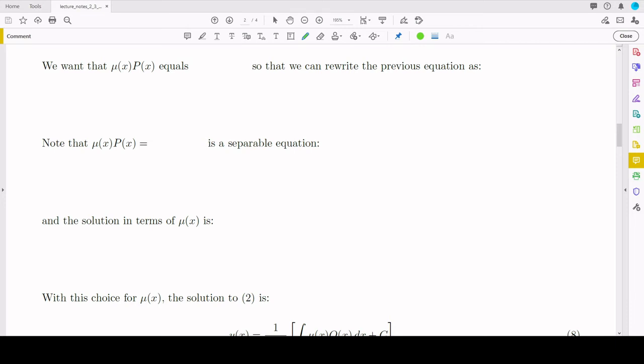So to recap, we want that mu of x times p of x to equal mu prime of x.